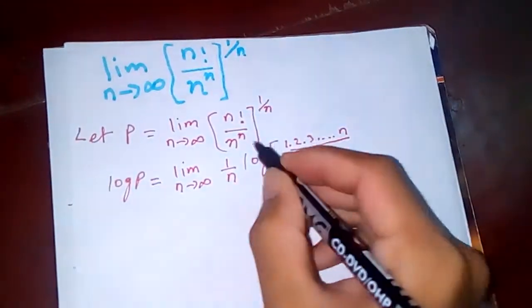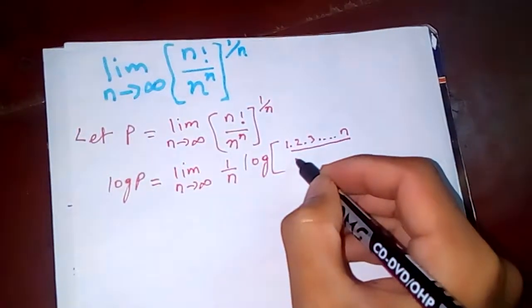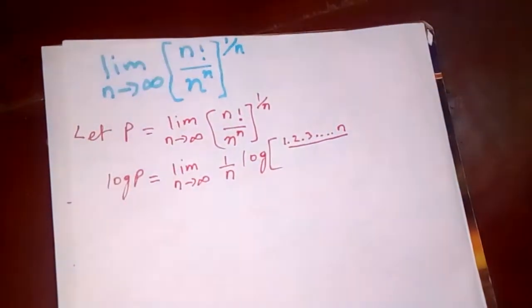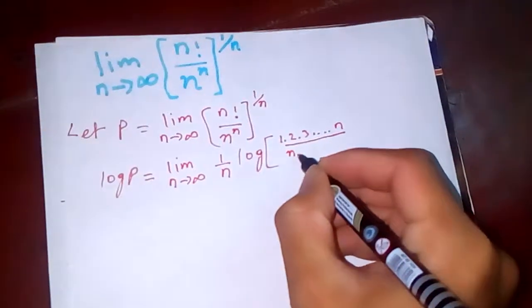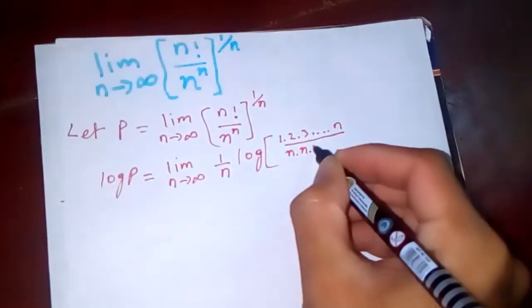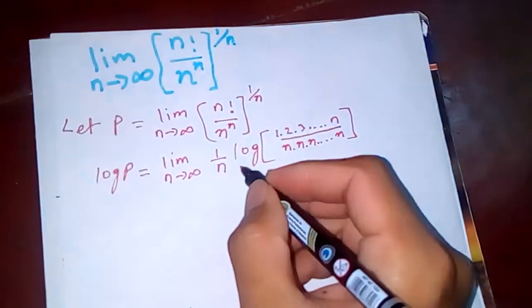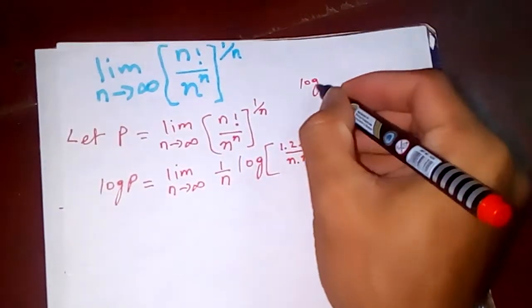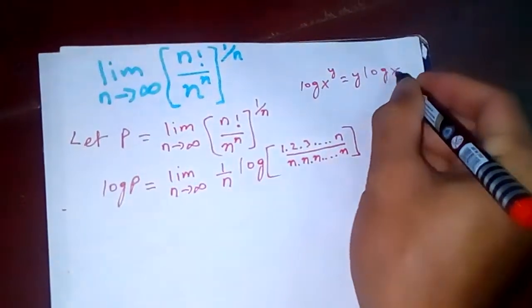This is n factorial, and n to the n means what? n to the n means n times, okay? n times, and so on up to n times. So here we use log of x to the y is y log x.